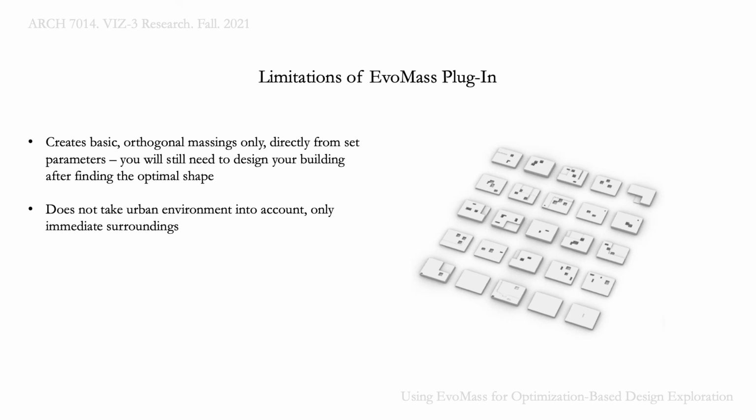And another thing is, in the Food for Rhino, it does say it's a newer plugin, so there are some bugs. Nothing that I really noticed when I was working on it, but just some things you'll run into.